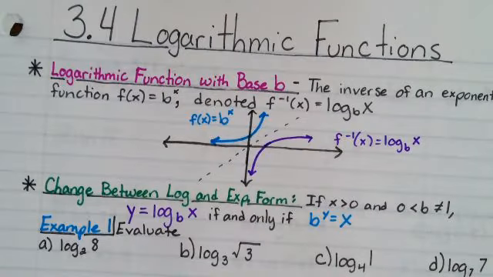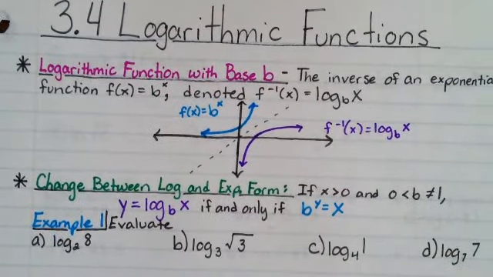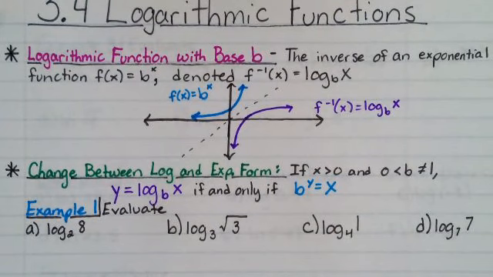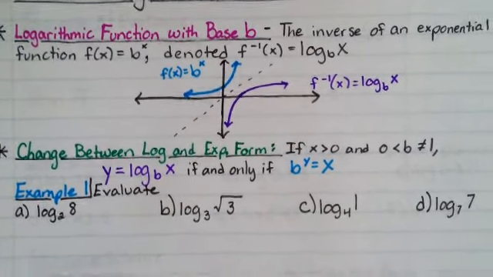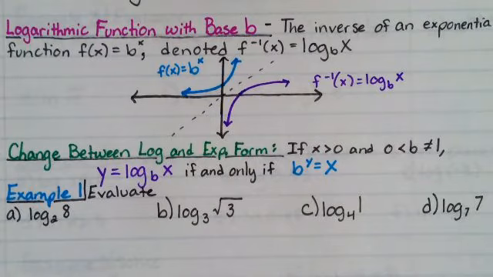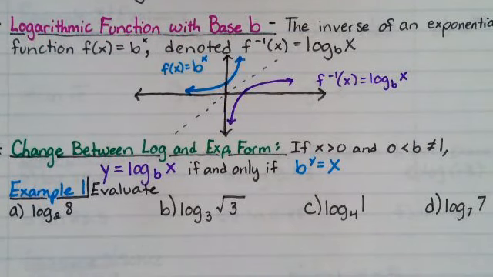A really important feature of what you are seeing on your screen is not just the graphs, but also how you convert between log and exponential form. If something is in logarithmic form or exponential form, we can translate between the two by using this pattern on your screen. You want to look at the base of your exponential and the base of your logarithm.